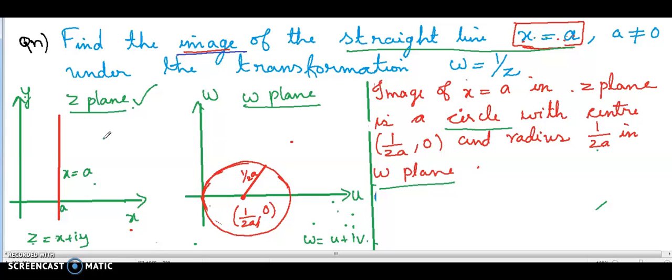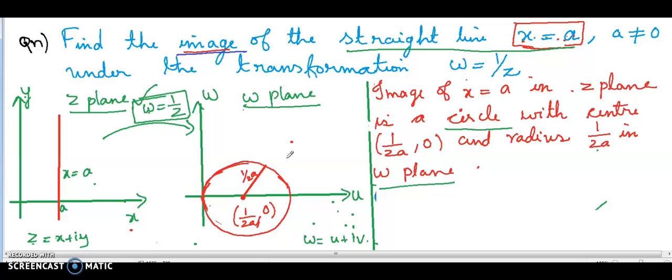While transforming to the w plane, the transformation taken is w equal to 1 by z. Using this transformation, when we take some values for z, what about the w value? That's what we did. In the w plane we get a circle.